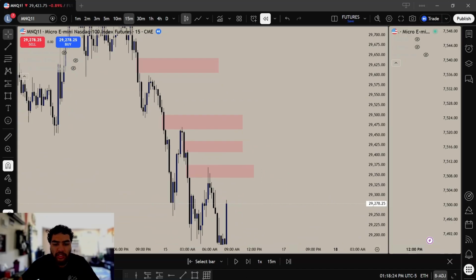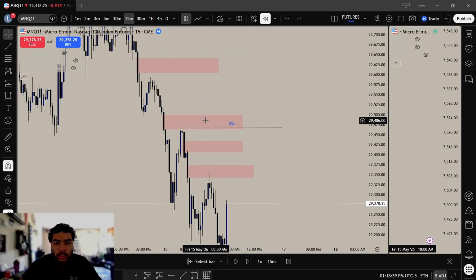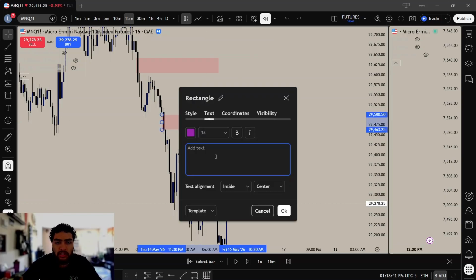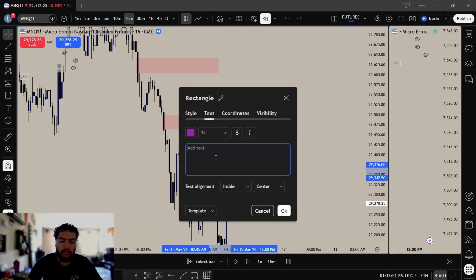All right, then we also have these swing highs though. This would be an intermediate high because it's right in the middle of a fair value gap. So this is a buy side liquidity. I'm also going to label all these as 15-minute fair value gaps, just so when we hop back down into the 5-minute, we know what we're looking at here.